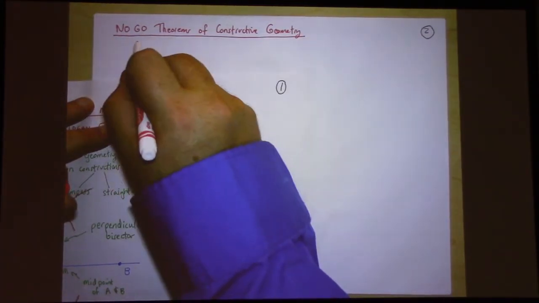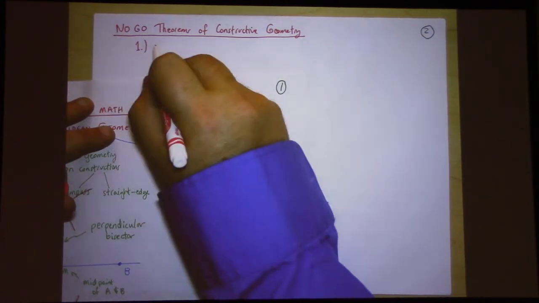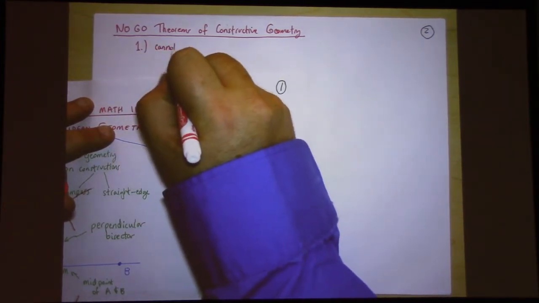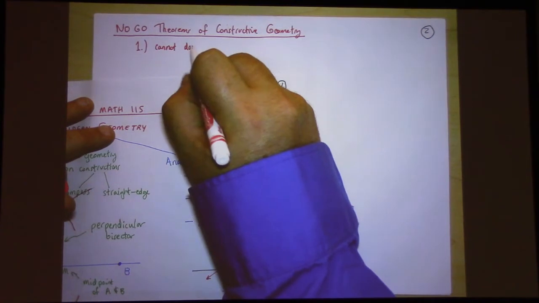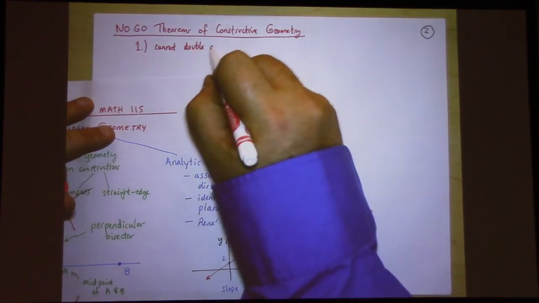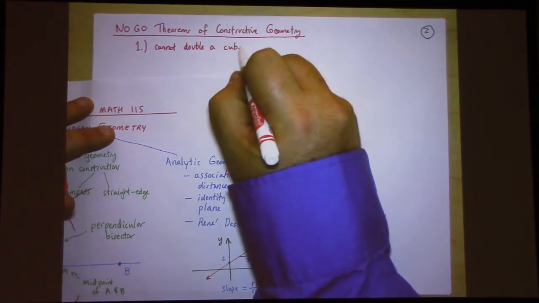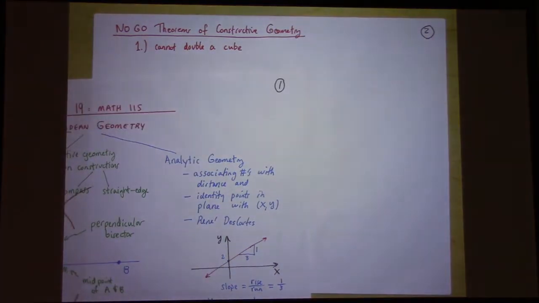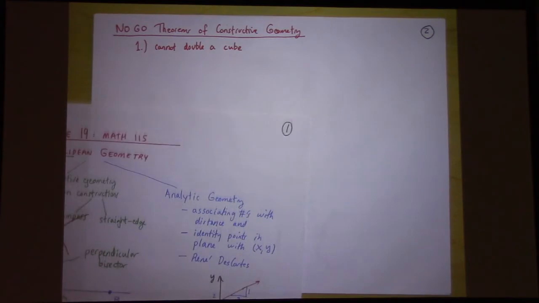One of them is you cannot double a cube. If I remember right, if you tried to start with a cube and then imagine using straight edge and compass type constructions, you can't create a cube that has double the size.